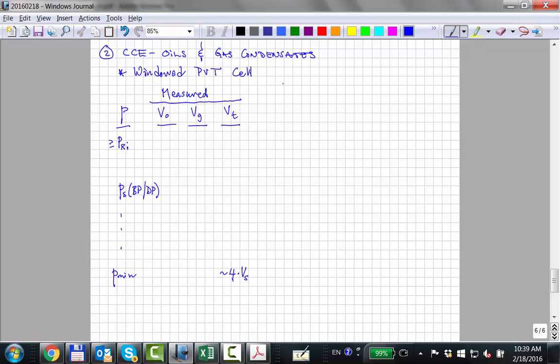And then what's reported is typically the total volume over the saturation volume. So that'll be 1 here. That'll be about 4 here.